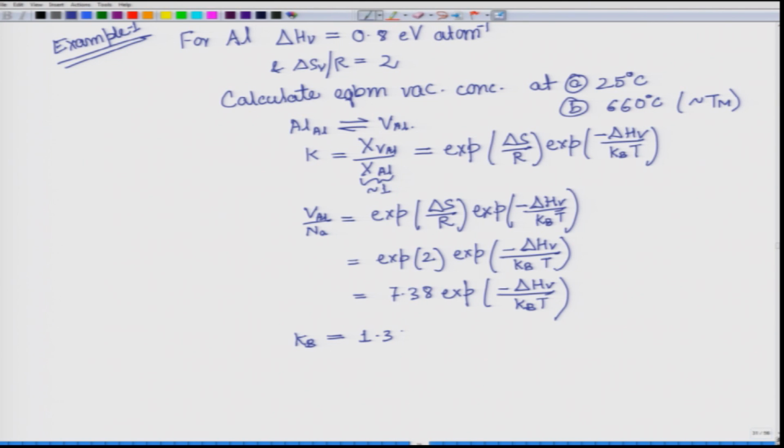So, if you write it like this, actually it should be per mole. We do not need so many decimals; this is just to let you know it is known up to this extent.